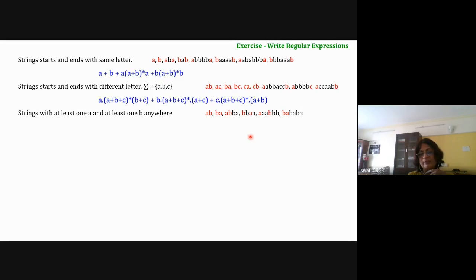So minimum one A, minimum one B should be there. And the sequence can be either A will occur for the first time or B will occur for the first time. So there are two possible combinations. AB, but you can have AAB also.